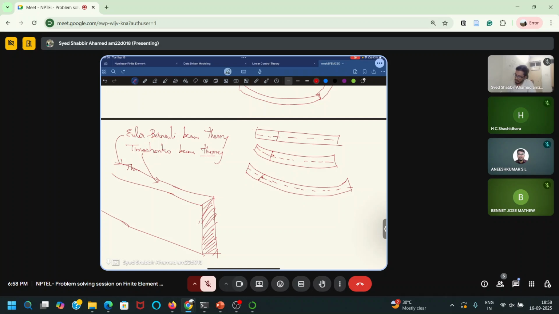So I will not assume that shear deformation is zero, and I will not assume that my plane section stays perpendicular to the mid surface, and I will include shear deformation. So this is a better theory which I can use for thicker beams, or beams with large depth.